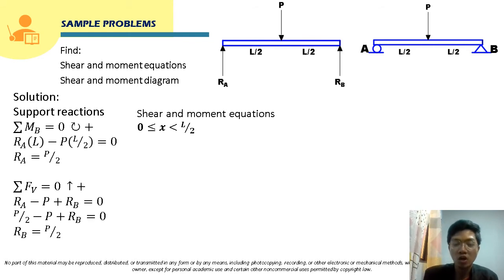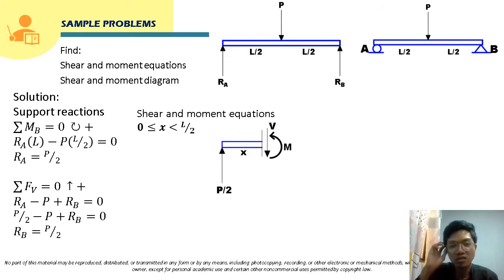We are going to cut a section at this segment, and we consider the left segment. The reaction here is P over 2, and the distance from the leftmost part up to the section where we cut the beam is x.